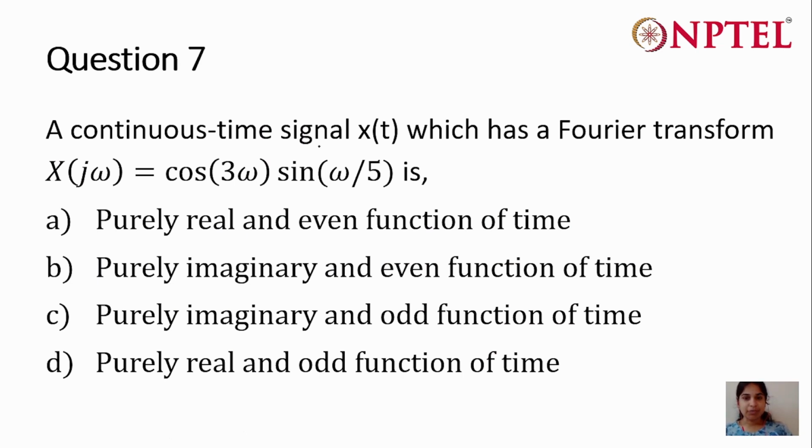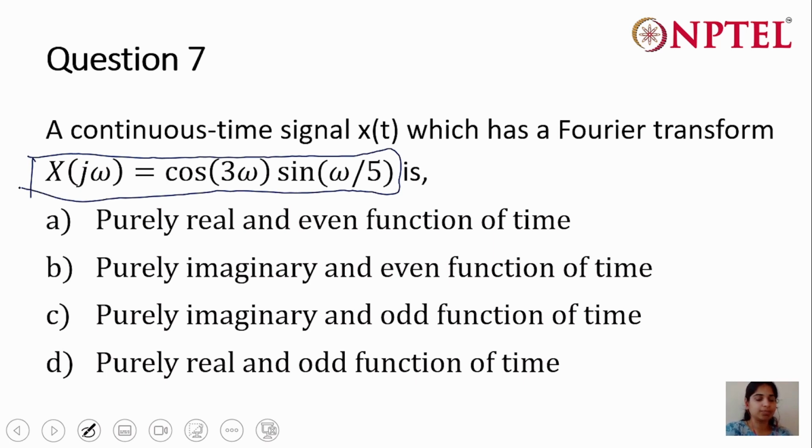A continuous time signal x of t which has a Fourier transform capital X of j omega equal to cos of 3 omega into sine of omega by 5 is dash. So the Fourier transform of x of t is given to you. With this, we are going to tell about x of t.